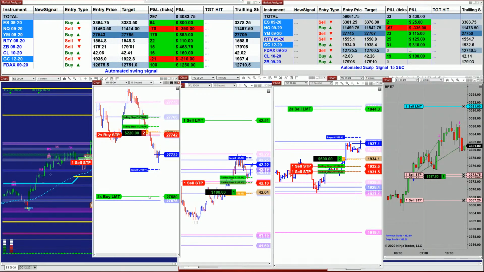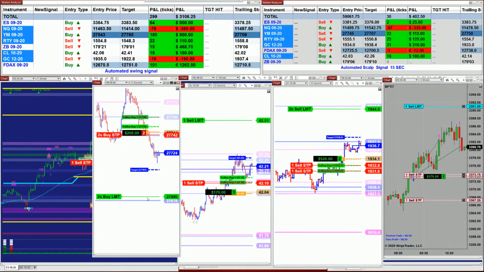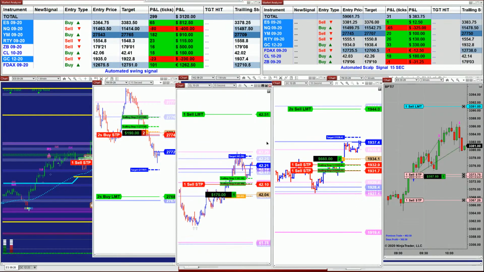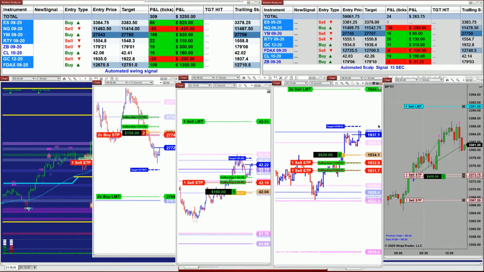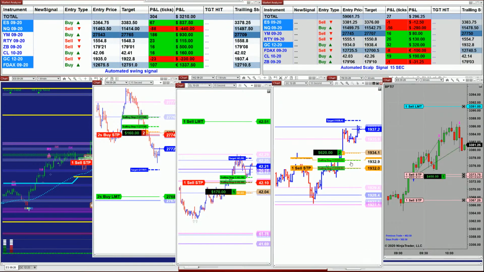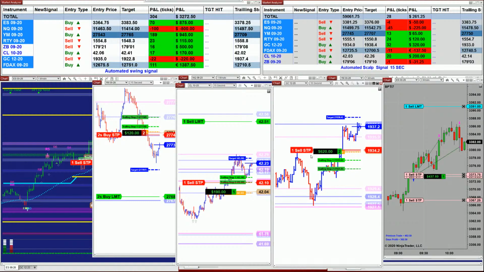And take the needle to 27680 and leave it alone. And on the CL, you are on a free ride, leave it alone. And on the gold, take the gold break even. And when the market comes into those areas here, it will lift your trailing stop automatically. So you are done with those trades.